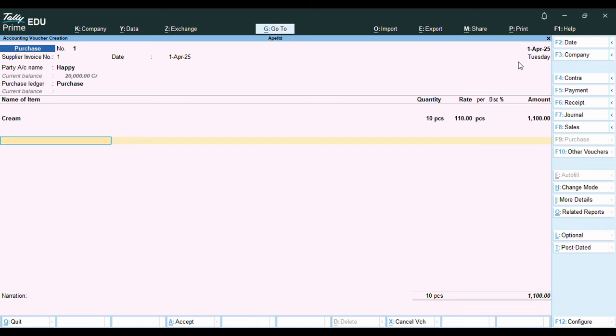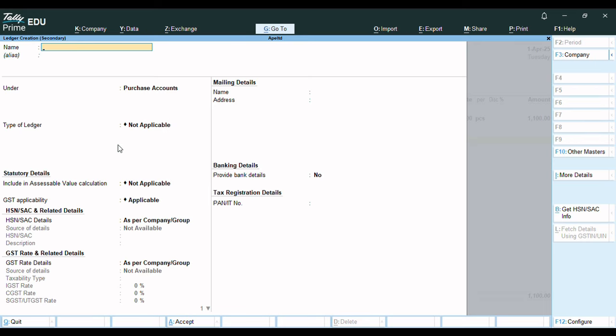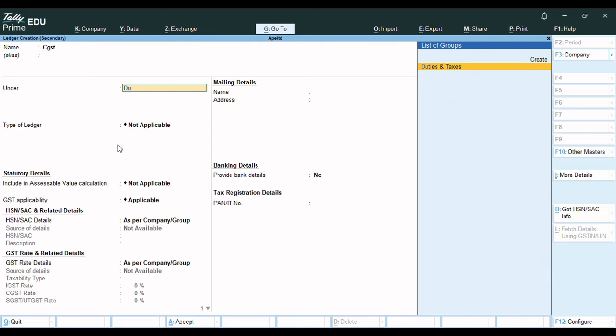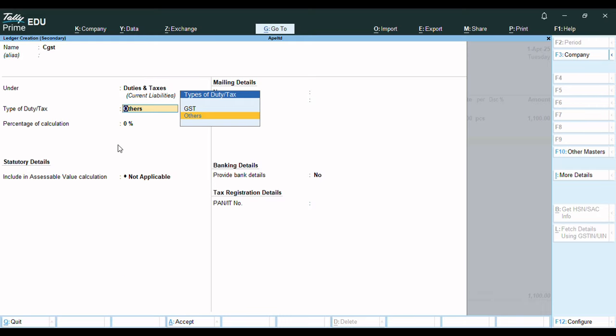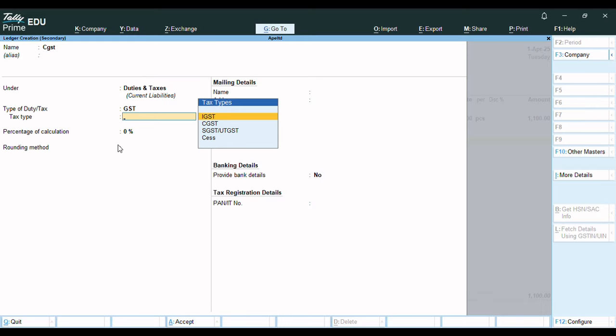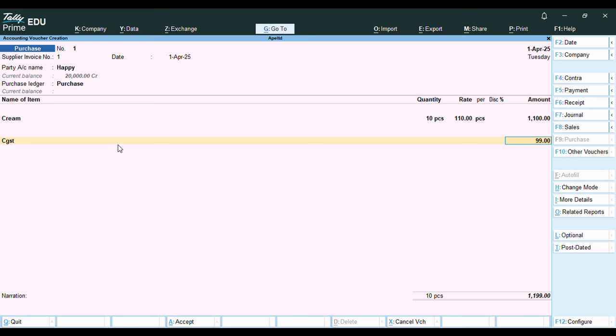This one we will enter again second. How much GST is applicable? 18%. So here you can use Alt C. Alt C is the shortcut for creating a ledger immediately. CGST under duties and taxes, then GST, CGST. It will come under the CGST, and this 0 is only for the printing purpose, so skip it.